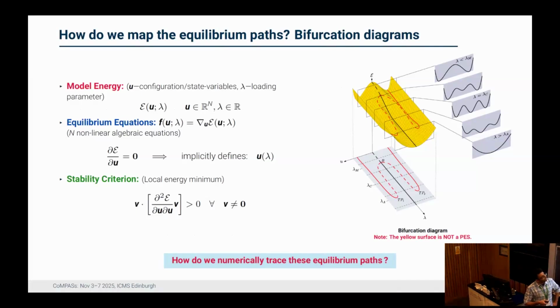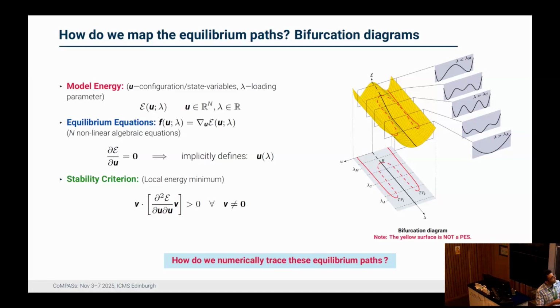And as you keep changing some parameter, maybe temperature or load in the case of buckling, two new minima keep emerging, and finally the centered state goes out of stability and the two ones survive. So this is your primary path. You keep increasing the load and you go to B and then you hit a bifurcation point, and then this one becomes unstable, so it's now dotted, and then two paths emerge out of it.